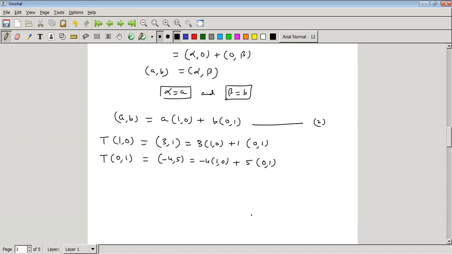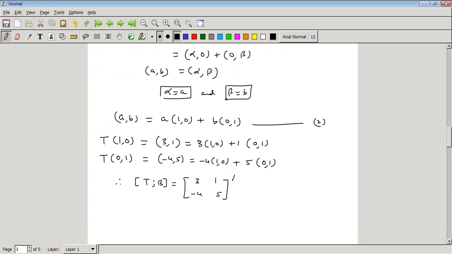Now, the matrix of T associated with basis B is [3, 1; minus 4, 5]. We take the transpose, right?